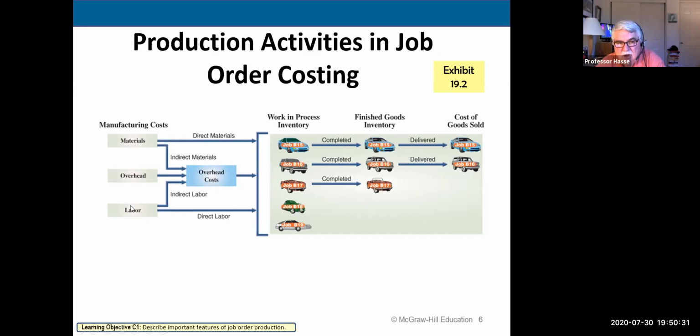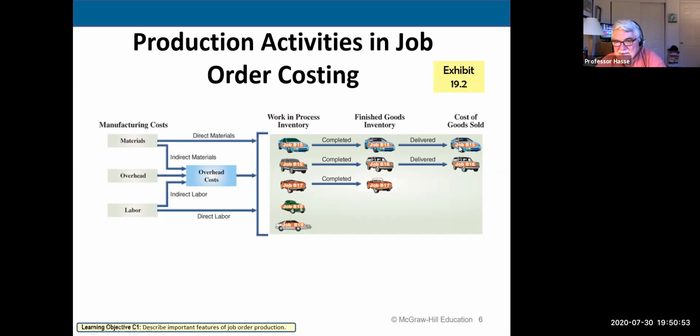So all these costs go into what is called an asset account, work in process inventory. Once they're finished and completed, they go into another asset account, finished goods. And once they're sold, they become an expense, cost of goods sold.